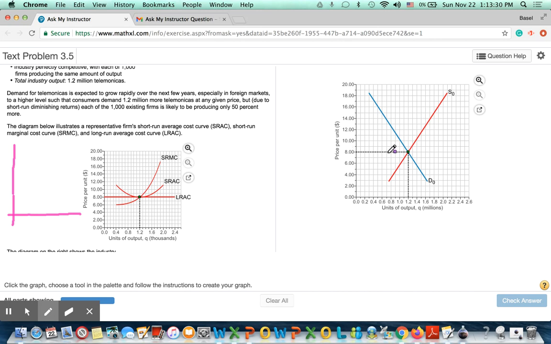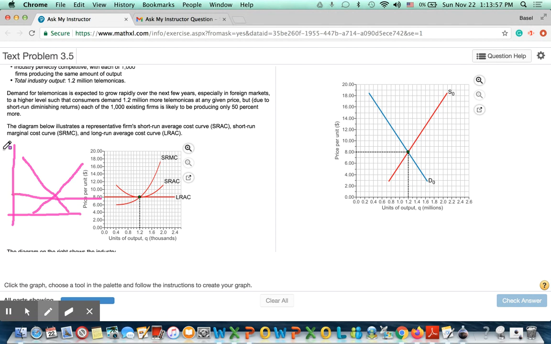So in this example, under perfect competition, we have 1,000 firms producing the same product, and the equilibrium price is $8. So over here, this is the equilibrium price, equal to $8.